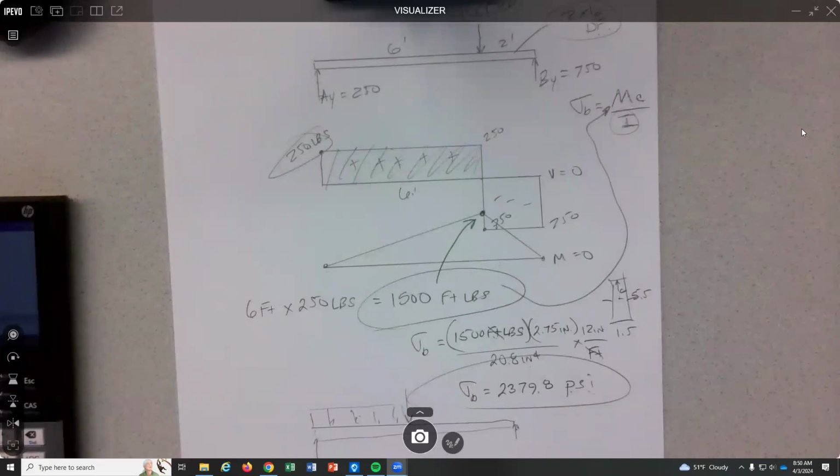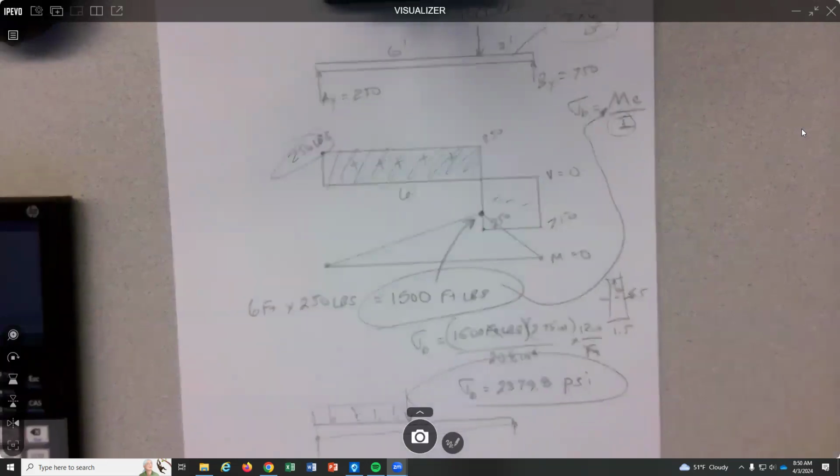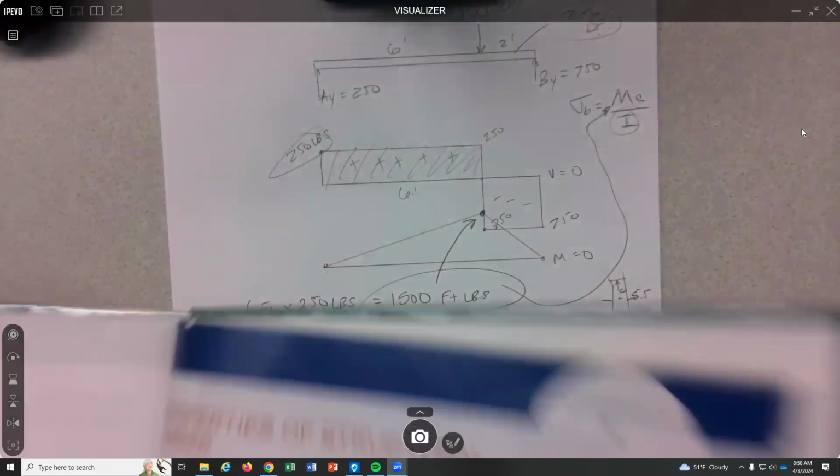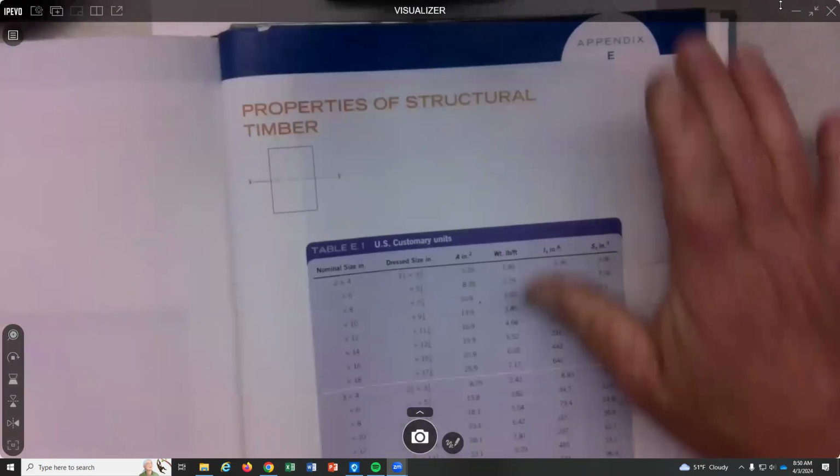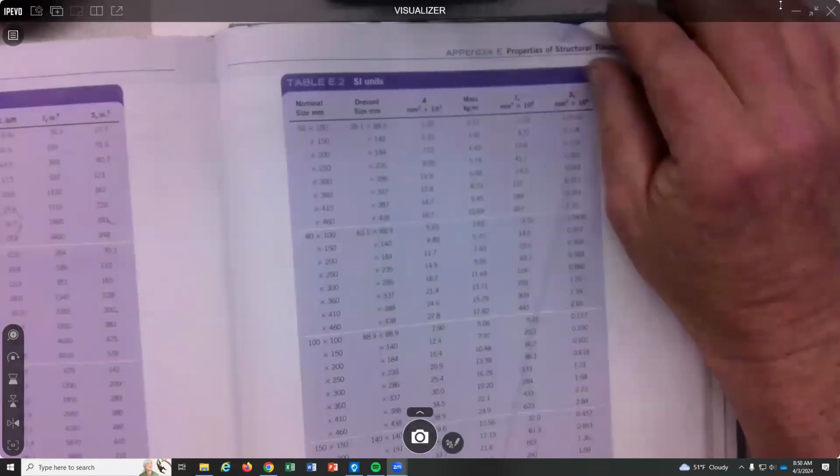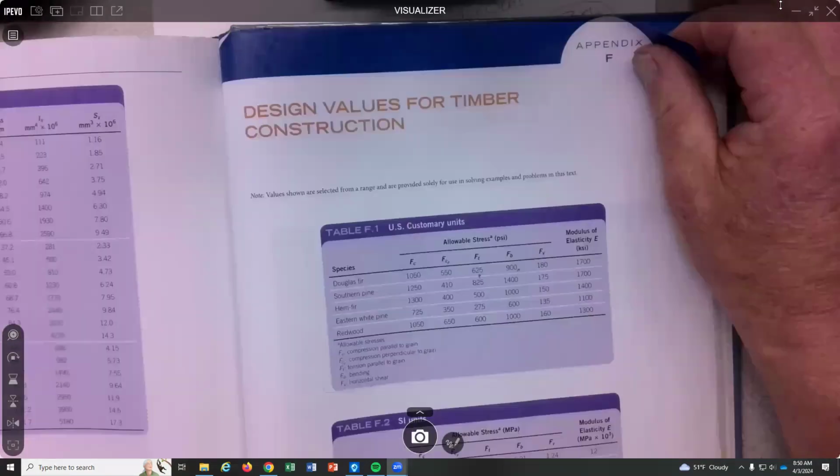So the final thing would be like, is that good or bad? This is Doug Fir, right? So how much can Doug Fir take in bending stress? Because this is a bending stress. Well, let's look. Values of timber.